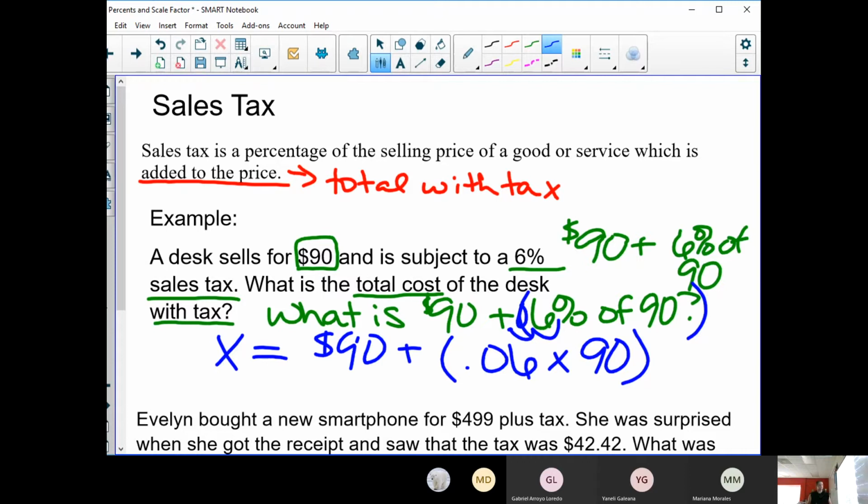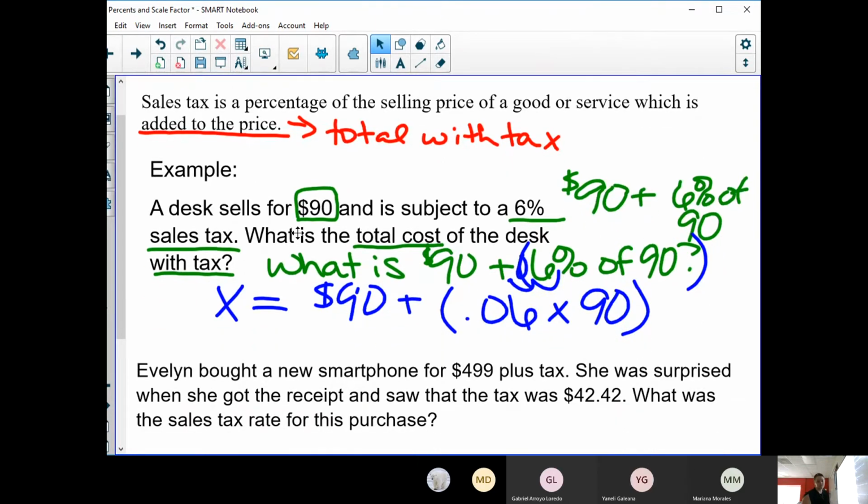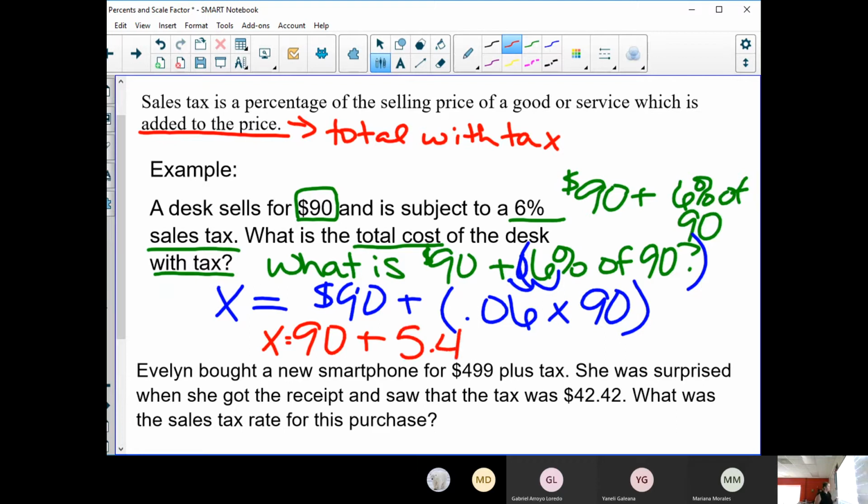So what is 0.06 times 90? $5.40. So now I can see I'm doing $90 plus an additional $5.40.